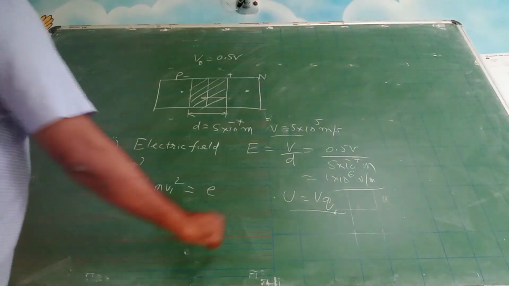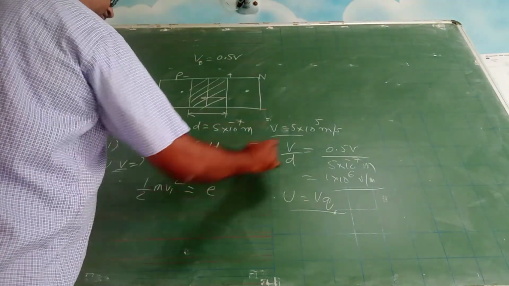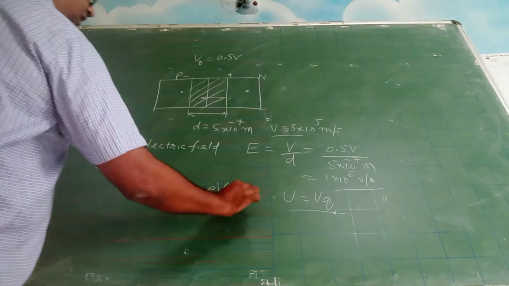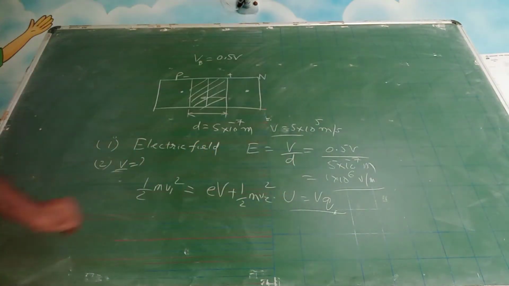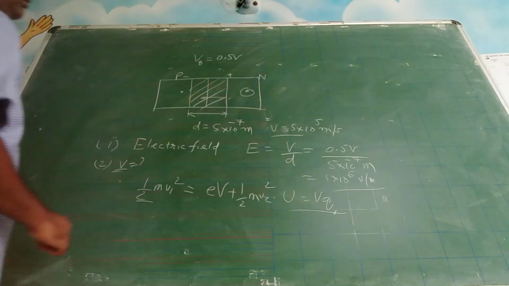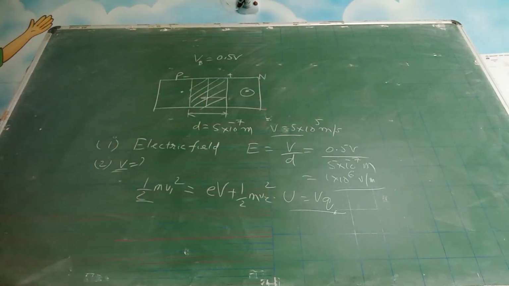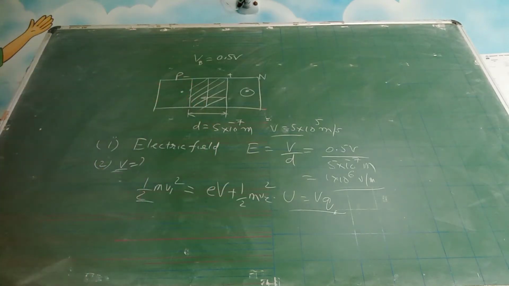So charge here is e, and potential here is the barrier potential, plus half m v2 square. Okay. So the total energy possessed by the electron is such that some part is used for gaining the potential energy and the rest converts into the kinetic energy of the electron beyond the depletion layer.